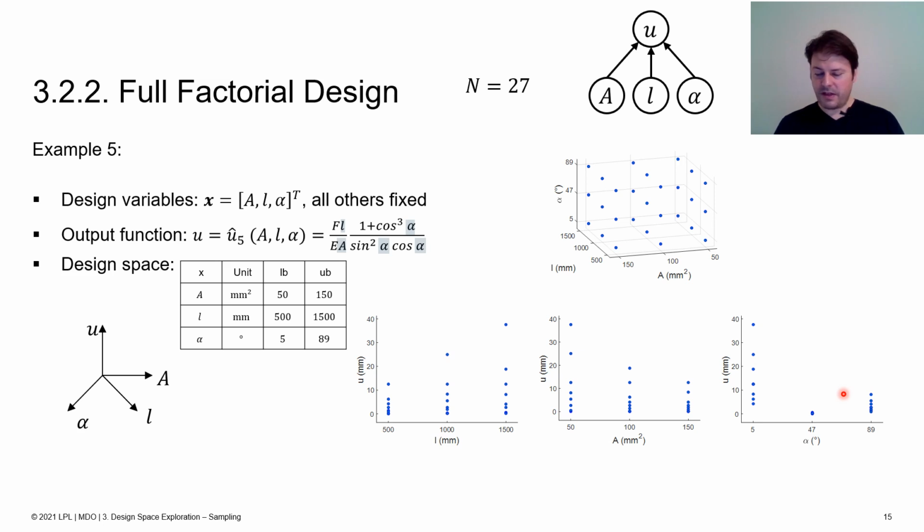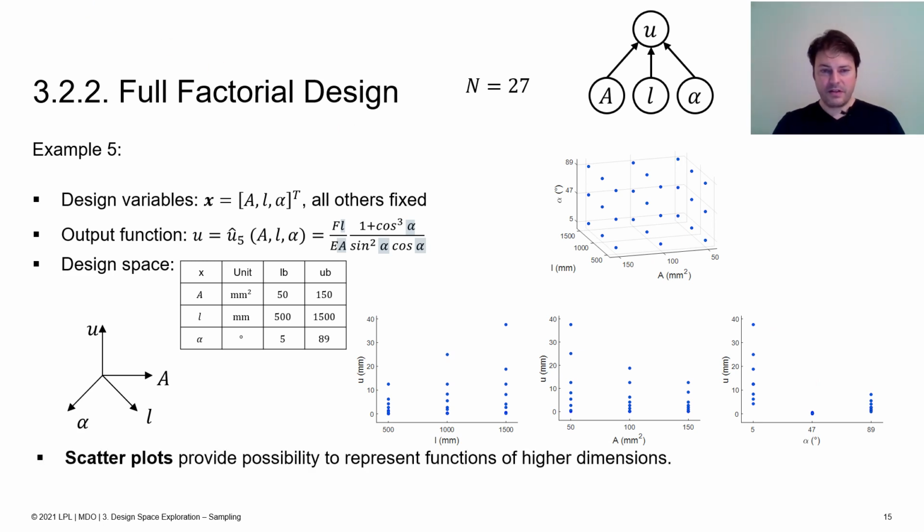Another interesting result you can see here: when alpha assumes its middle value, then apparently it doesn't matter what the other design variables do anymore. So scatter plots provide a possibility to represent functions of higher dimensions that you could not visualize otherwise anymore.